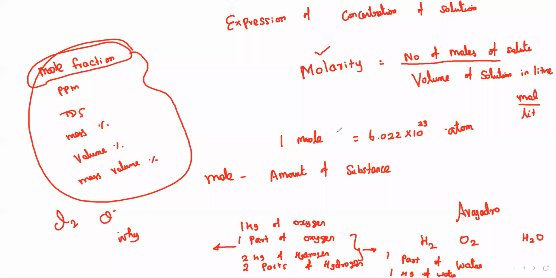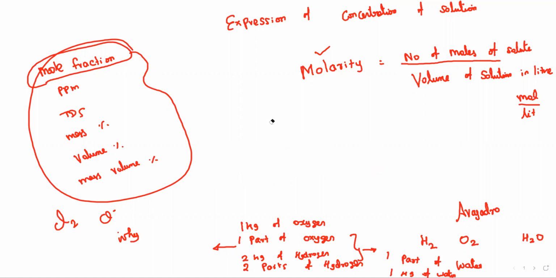Okay. And we have one more way of representing the concentration of solution, that is molality. What is that? Molality. So molality is just comparing the number of moles of solute. Here in molarity we took the volume of the entire solution.